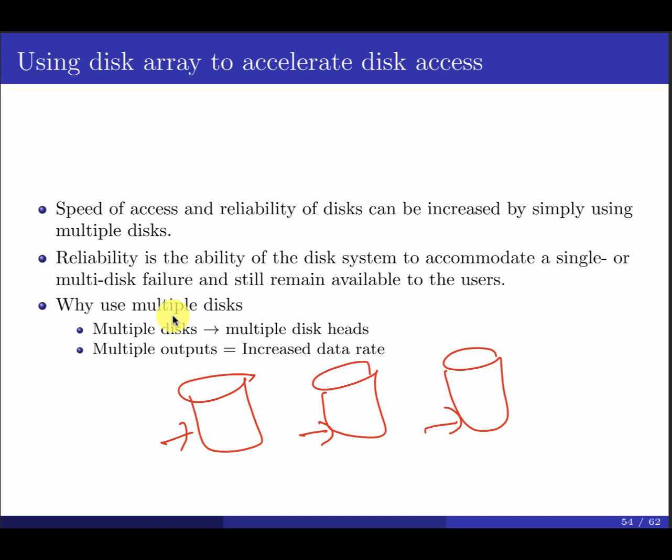Alright? So you're going to increase the data rate, because if you read the data from multiple disks, it's going to be more efficient and faster because you have multiple outputs. Of course, you need time to manage the access across the 3 disks, but it's going to be much faster compared to accessing the same data from a single disk.